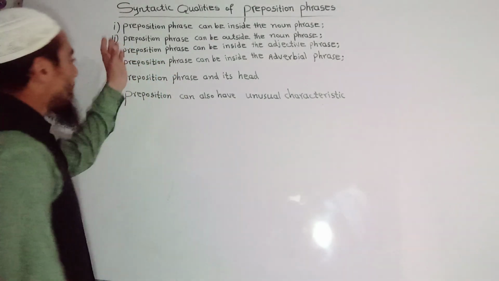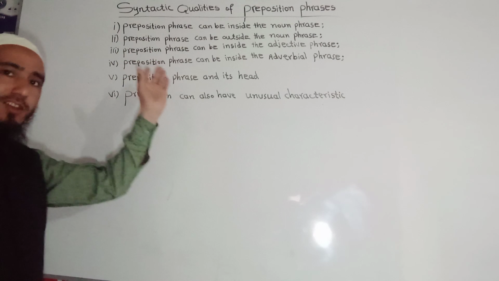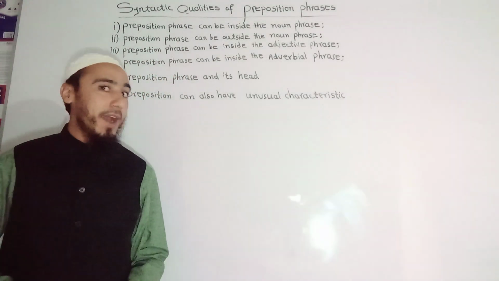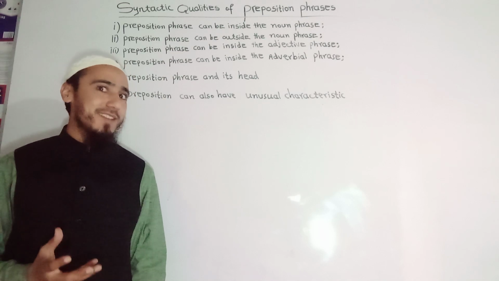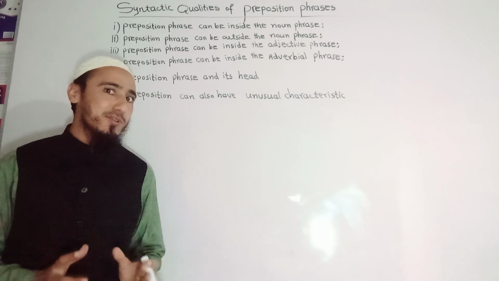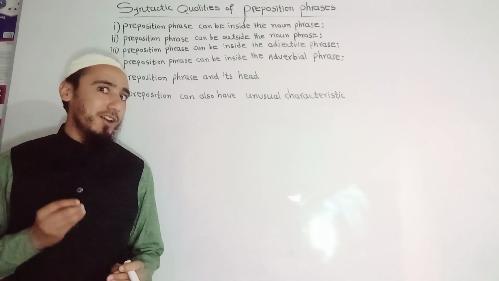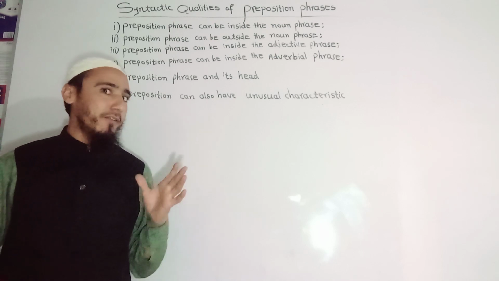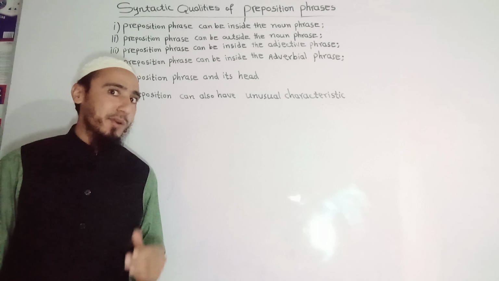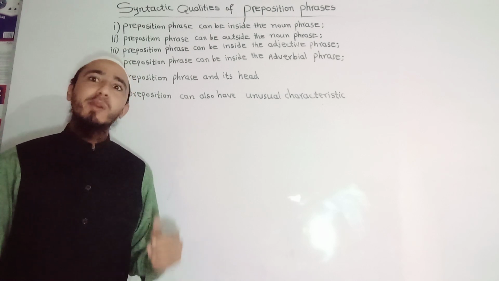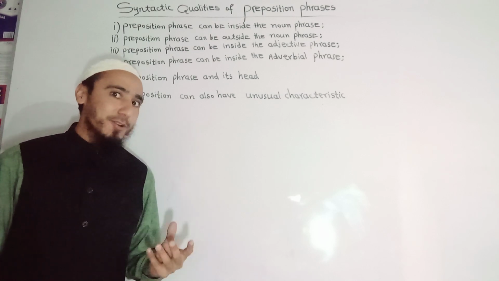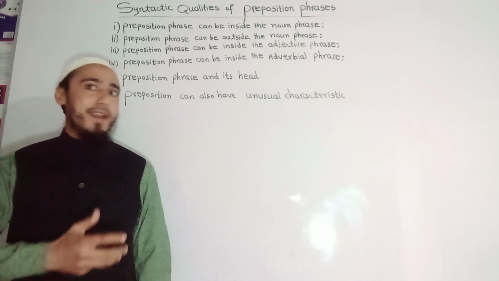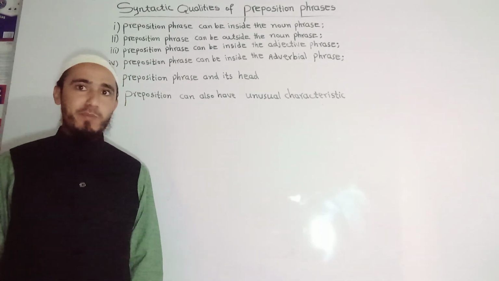Listeners and audience, first of all, let's come to a preposition. When we say preposition, pre means before and position means place or noun. So a preposition mostly comes before the noun. And whenever we are talking about the preposition phrase, it is found inside the noun phrase and also outside the noun phrase.